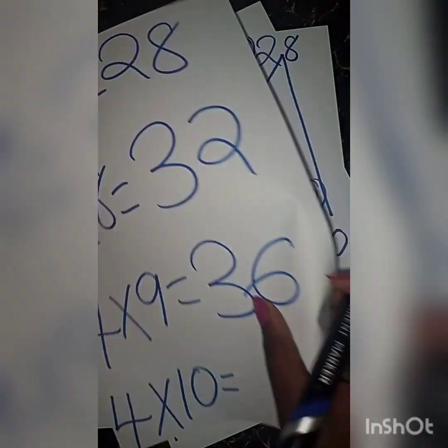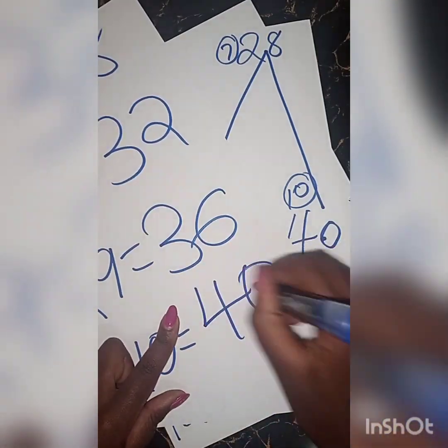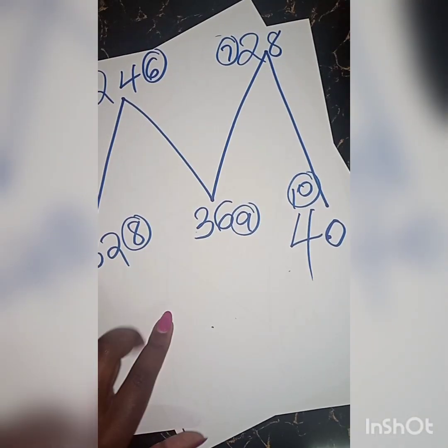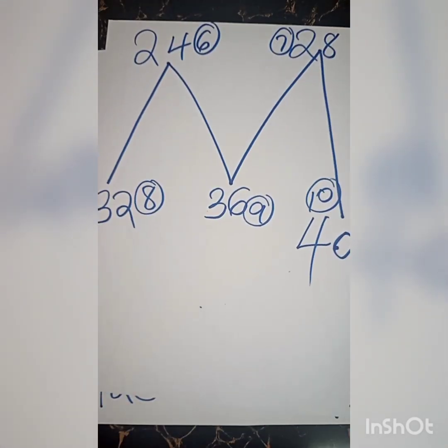And 4 times 10 is 40. Okay? And just like that, we have our table 4. Okay? Do you see how easy that was?